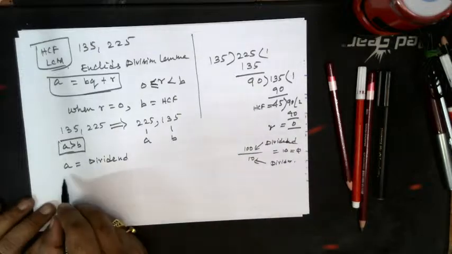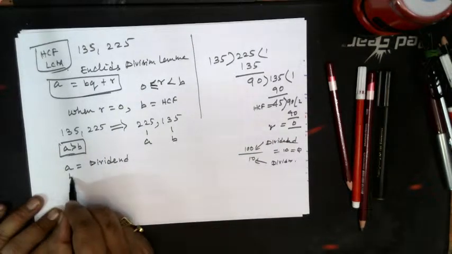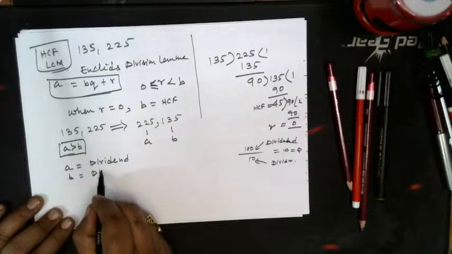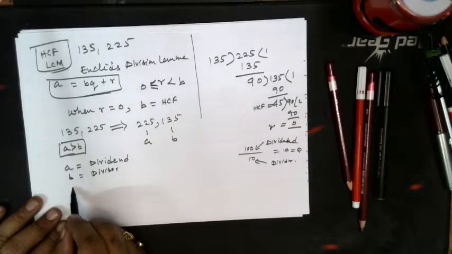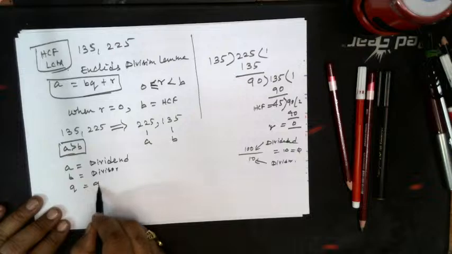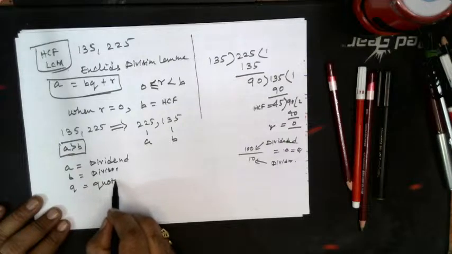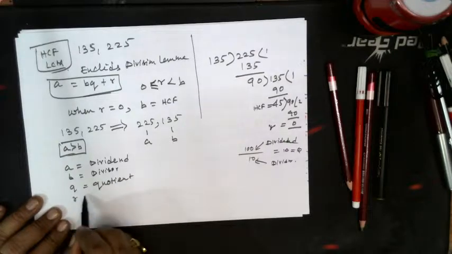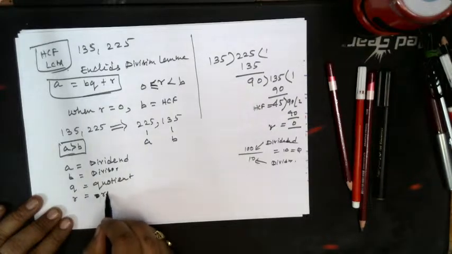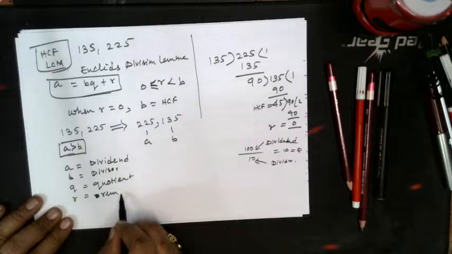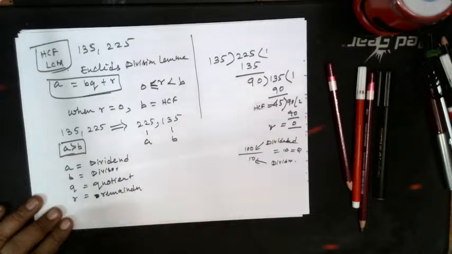Now based on that, A is equal to dividend, B is equal to divisor, and Q is quotient. R is the remainder. Don't write reminder, remainder.